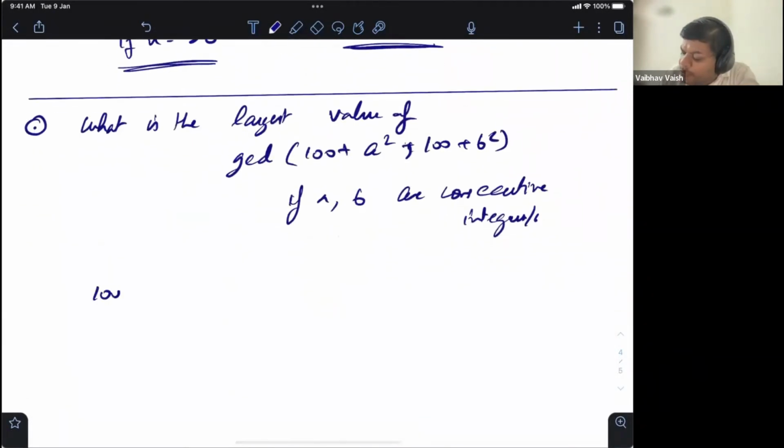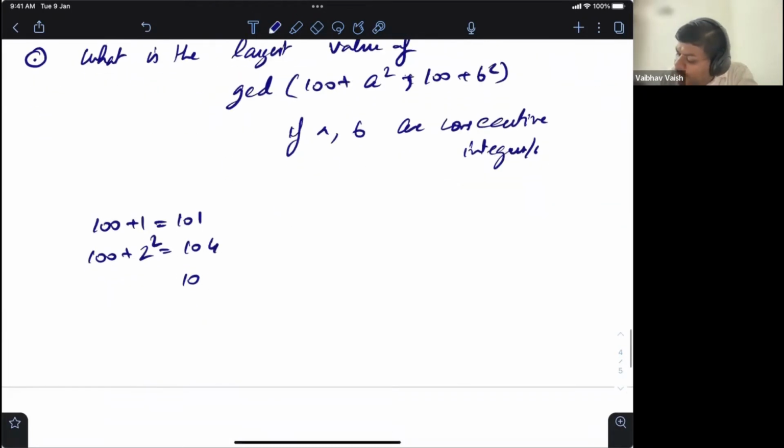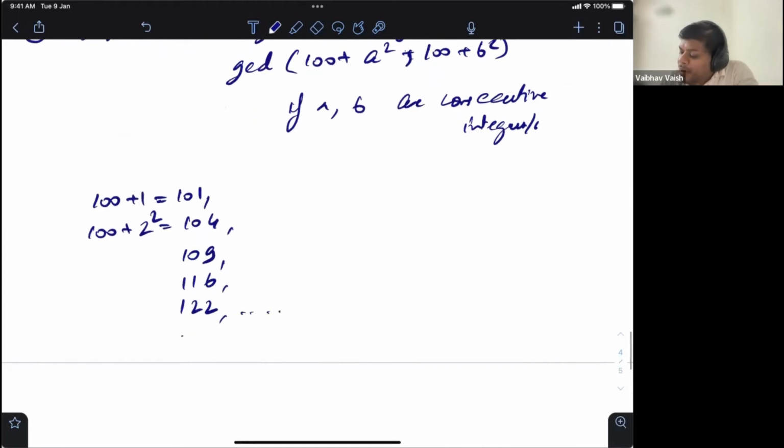I can look at 100 plus 1 square, which is 101, and then 100 plus 2 square, which is 104. Then you have 109, then 116, then 125, and so on. This is a sequence, and I look at the GCD of consecutive terms in this sequence. The question is, what are the possible values? What is the largest possible value in particular?